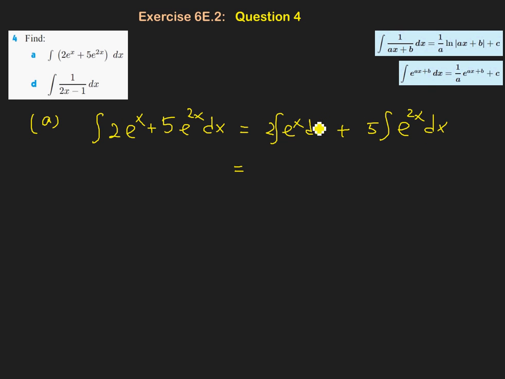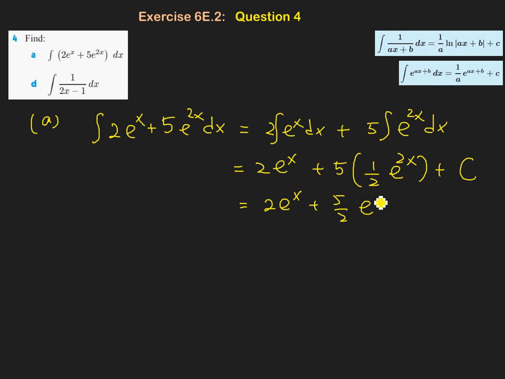B here is 0, but for this integral it's 2e^x, and for this integral e^2x, according to the formula, is 1 over 2. And notice that a is 2 here, so e^2x plus big C. The C is just for both. We just need one C, that's all. And you have 2e^x plus 2e to the power of 2x plus C.